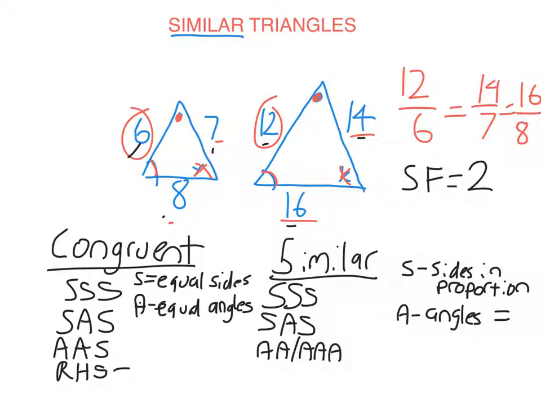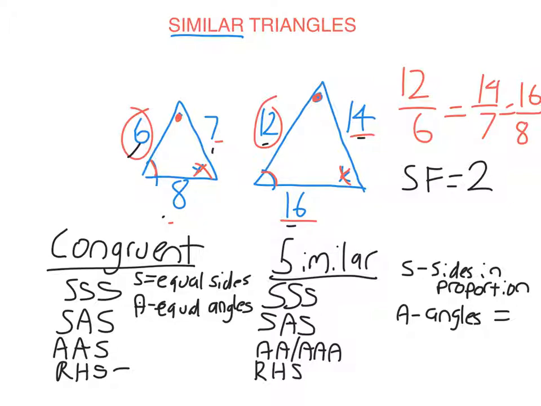So if two triangles have all their angles equal, then their sides will also be in proportion and they will be similar. The last one is RHS, where R has the same meaning, it means they both have a right angle. But here H and S, hypotenuse and side, refer to sides in proportion, not sides being equal.